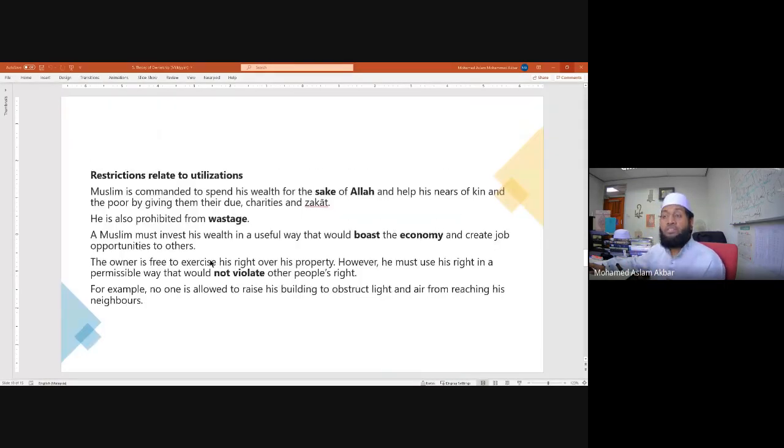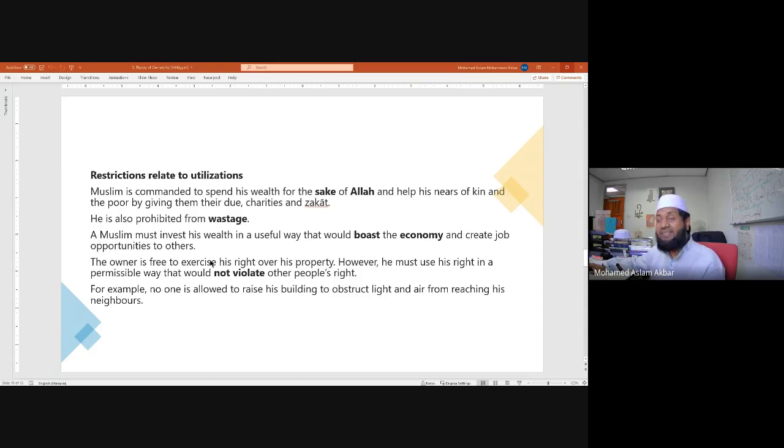And what are the restrictions after the ownership? Once you become the owner of the house, the car, the food items, what are the restrictions? Muslims have so many restrictions, right? That's the reason it is called dunya sijnul mu'min, which means this world is a prison for the Muslim, because in prison you have to go through so many restrictions.